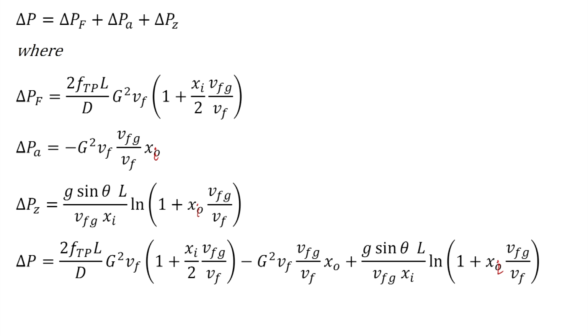Due to gravity, whether there is pressure rise or pressure drop, or whether delta Pz is 0, it will depend on whether the tube is horizontal or vertically upward flow, downward flow, or inclined upward or inclined downward. Okay, it will depend on theta. So, the total pressure drop we can get by adding all these terms. This is also xi.